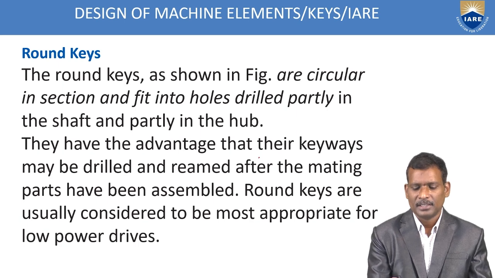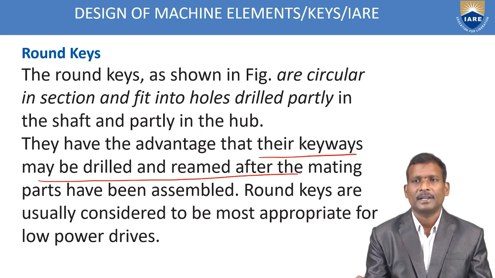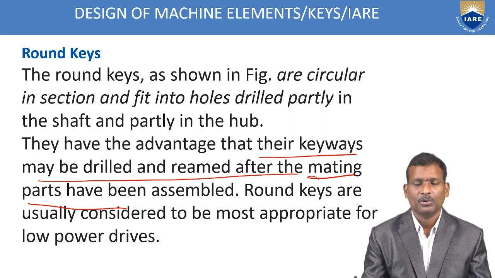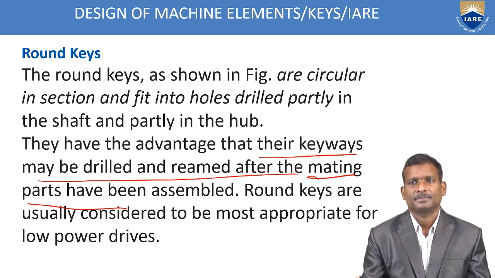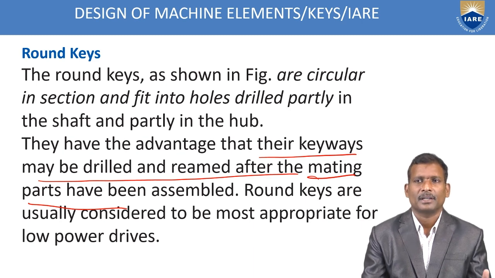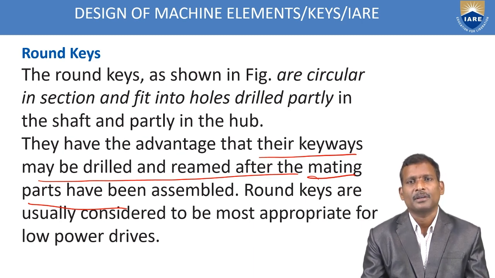The advantage is that their keyways may be drilled and reamed after mating the parts. Round keys are usually considered most appropriate for low power drives. The main advantage is that you can drill or ream after mating of the assembly also.